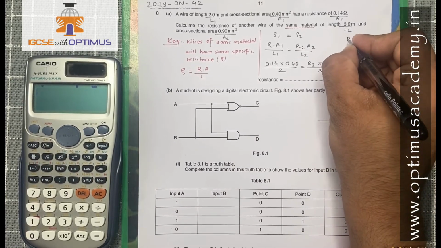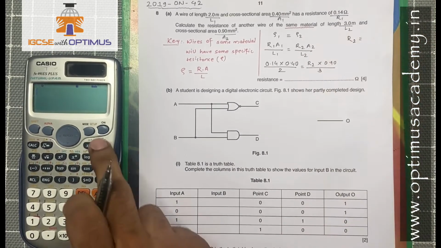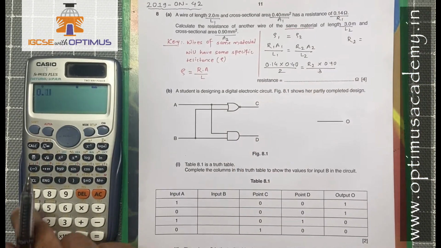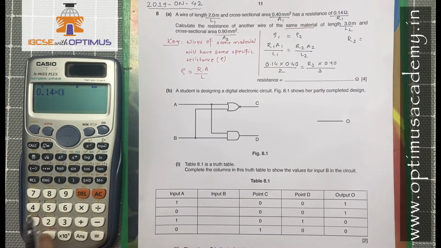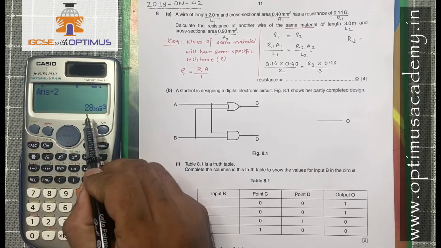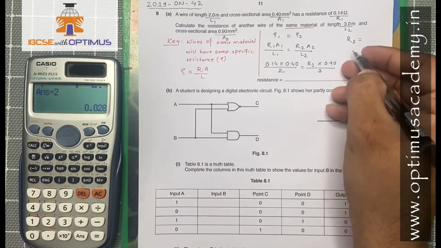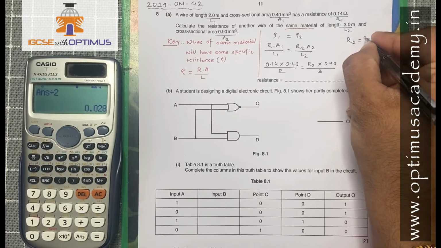Now when you will calculate further, you will get the value of R2 as, first we will calculate the left hand side, 0.14 into 0.40 divided by 2, the answer will be 0.028.